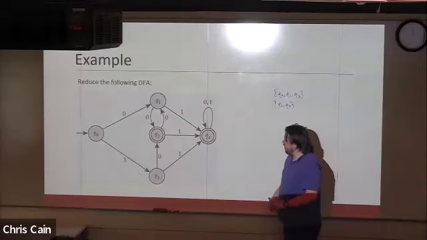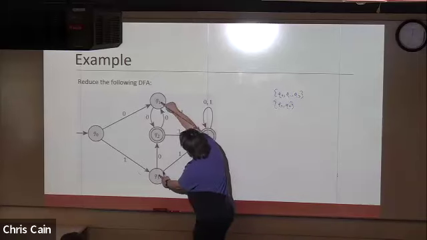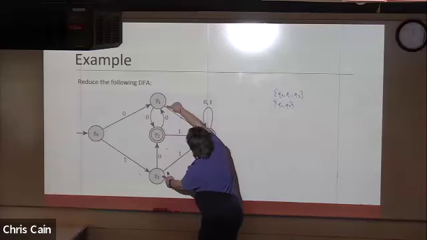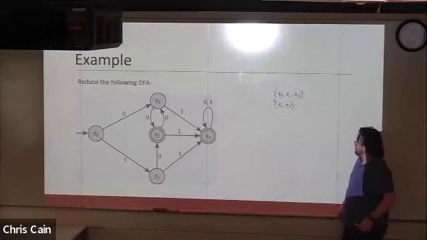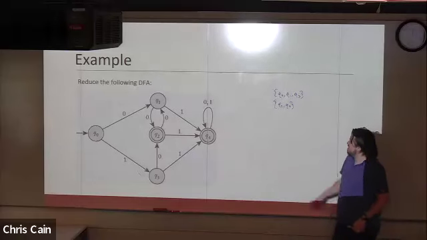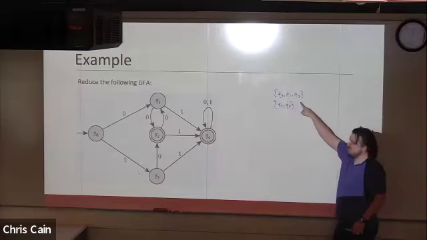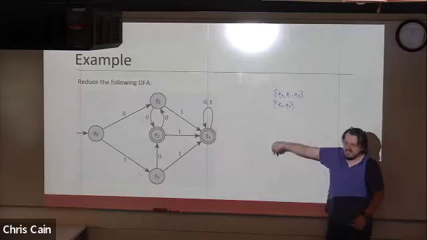On the other hand, Q1 and Q3, can we show that on a 0, we end up in the same state, and on a 1, we end up in the same state? So we can't really say anything about Q1 versus Q3, but since we were able to show Q0 is distinct from Q1 and Q0 is distinct from Q3, Q0 belongs in a separate equivalence class.